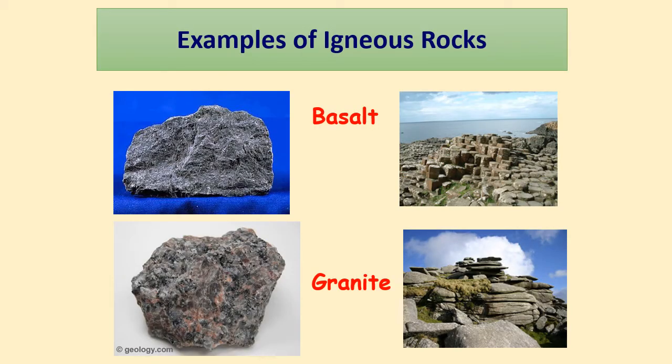So here are some igneous rocks. So basalt is an example of an igneous rock, as is granite. Now granite is very common rock in Scotland, and basalt, that picture is of the Giant's Causeway in Northern Ireland, and it's a famous tourist attraction in Northern Ireland, and it's made up of hexagonal columns, all made of basalt, and they are igneous rocks.